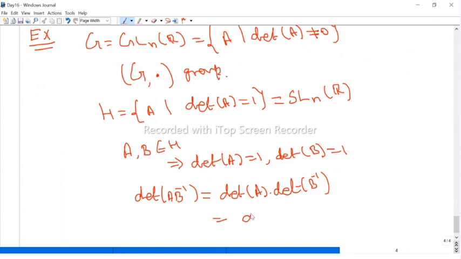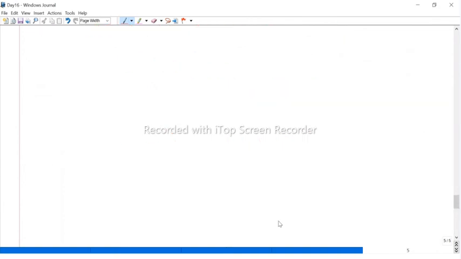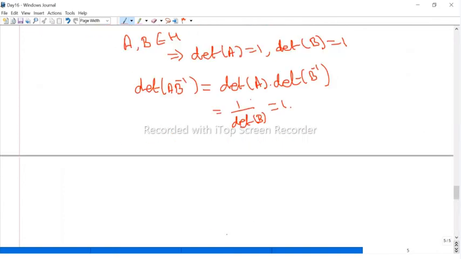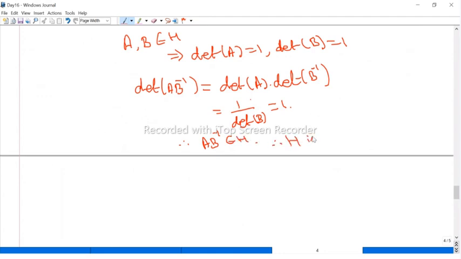But the determinant of A is 1, and the determinant of B inverse is nothing but 1 by the determinant of B. Since the determinant of B is also 1, we get 1. Since the determinant of A B inverse is 1, A B inverse belongs to H. Therefore, H is a subgroup of the invertible matrix group G. Now we have to prove that H is a normal subgroup.